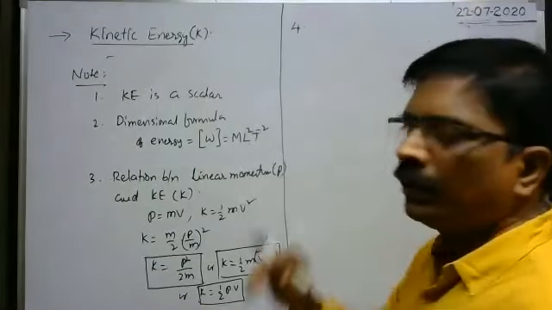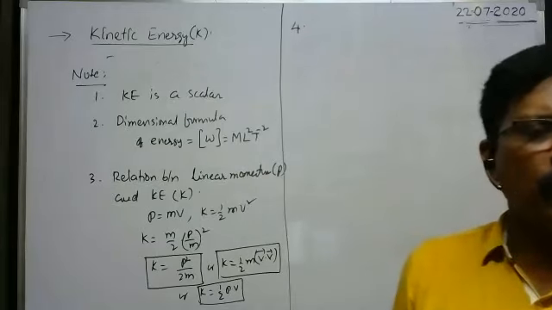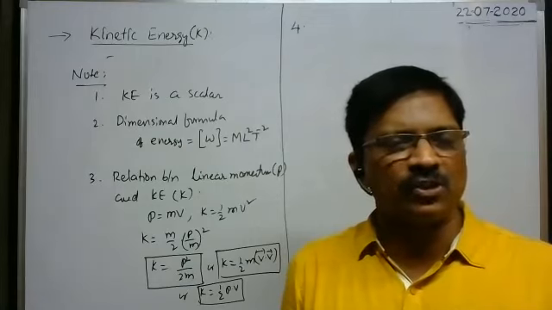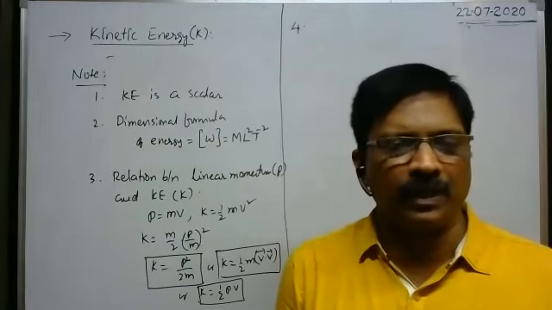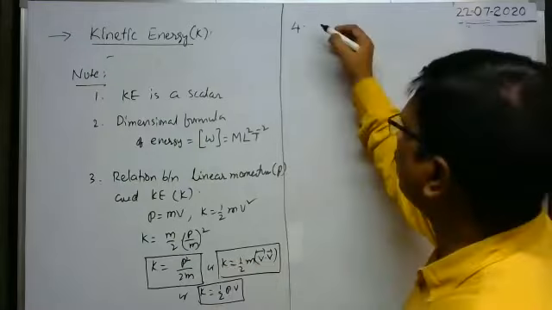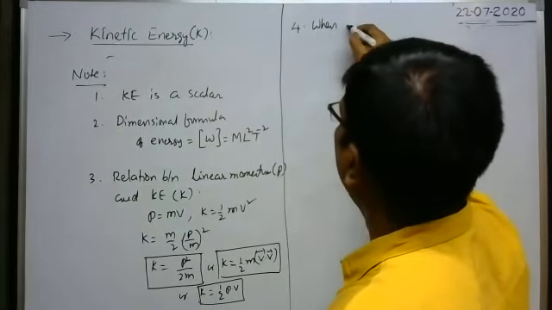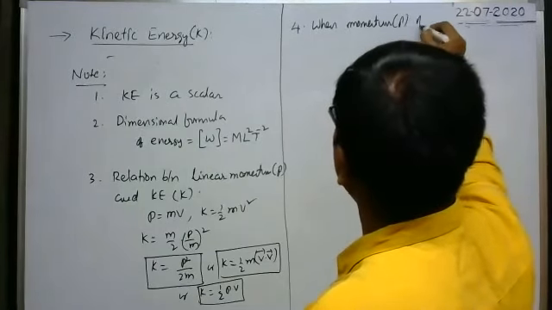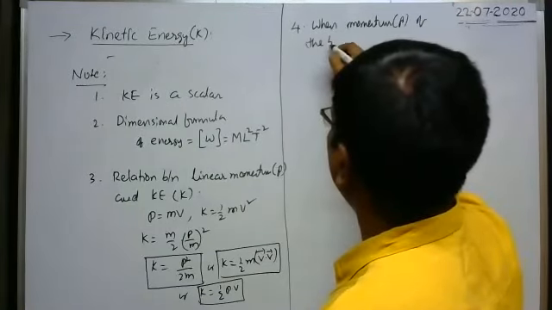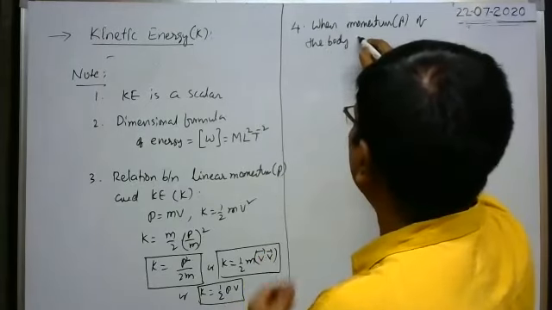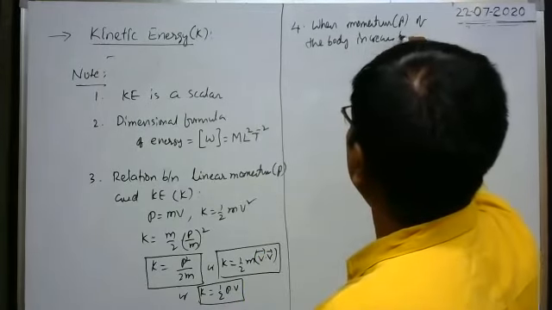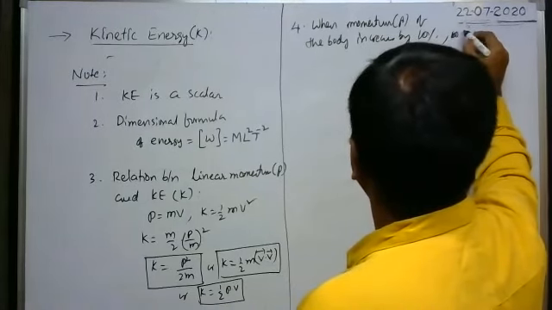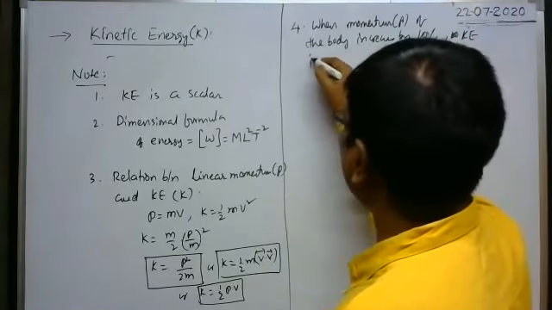Fourth one, whenever the momentum of the body increases by 10%, they may ask the percentage change in the kinetic energy of the body. When momentum of the body, means linear momentum, increases by 10%, then kinetic energy increases by what percent?